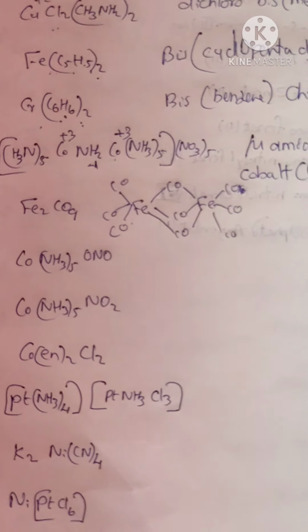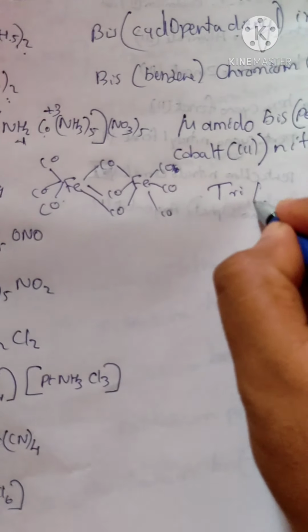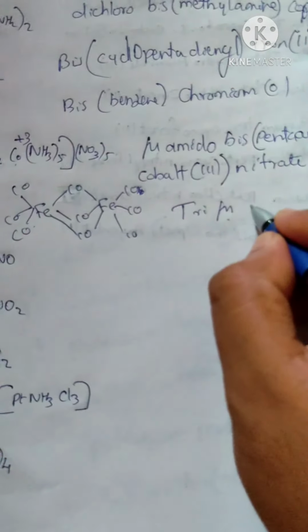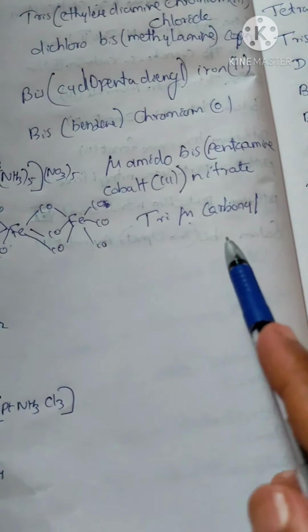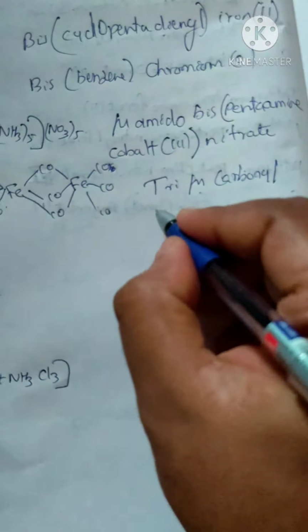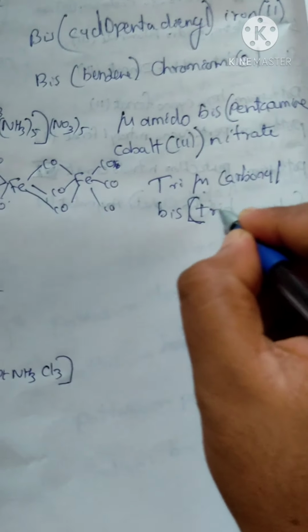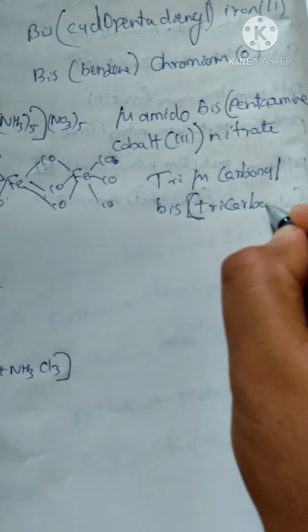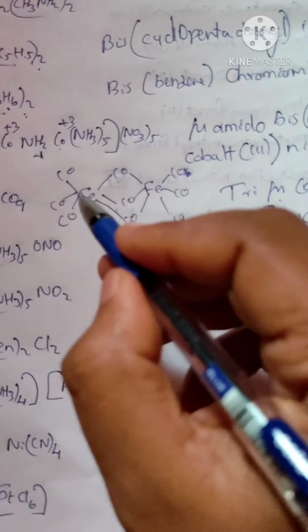So the name will be, we have bridging carbonyl mu, so tri mu carbonyl. After that we have 2 times tricarbonyl iron, so bis, and the oxidation state of iron is 0.